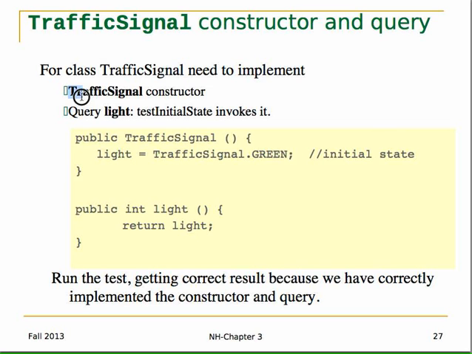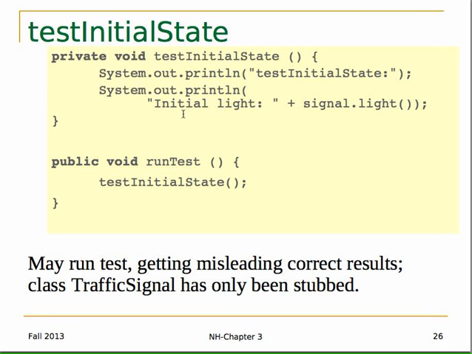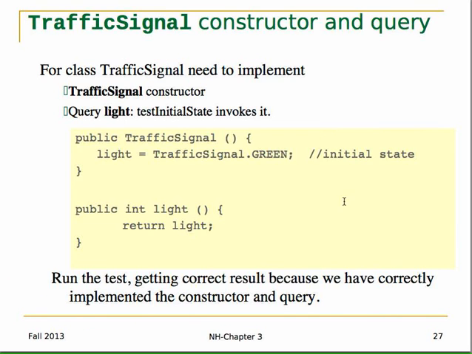So that's the traffic signal constructor. Next, if you look at the query method light, the test initial state, which we just saw, does invoke it right here. So we want to have the right value output, and in this case it's pretty simple. Just returns the value in the data member light, and we're done. Okay, so we look at the other methods next.